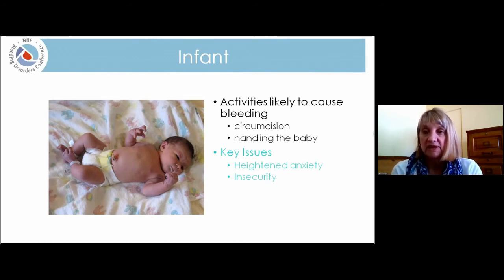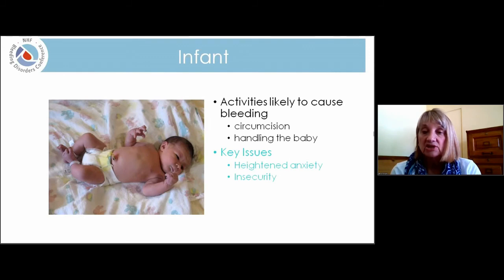As I mentioned at the beginning of the program, circumcision is oftentimes the first bleed that a baby, especially those with severe hemophilia, have. Oftentimes babies will get bruises like those fingerprint bruises I showed you from handling. We pass a baby off to an older sibling or a well-meaning grandparent and say, now hold the baby tight, and if they hold them too tight, that results in those fingerprint bruises.